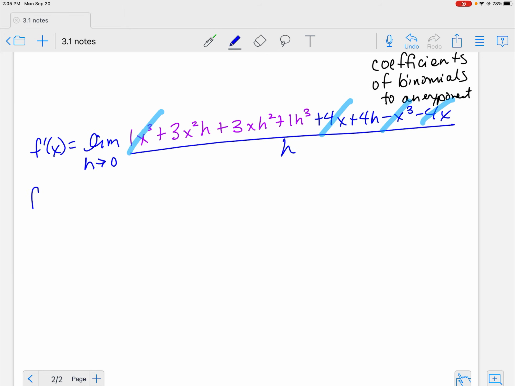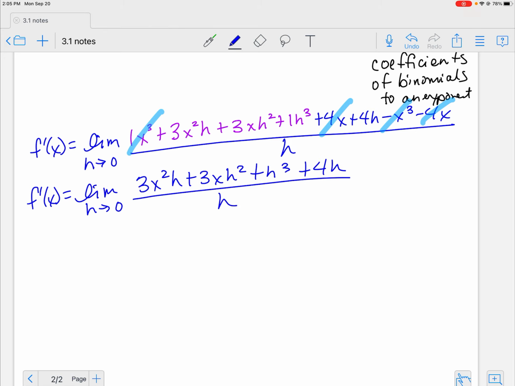Let's clean it up. f prime of x is equal to the limit as h approaches 0 of 3x squared h plus 3xh squared plus h cubed plus 4h all over h. Right? Okay.